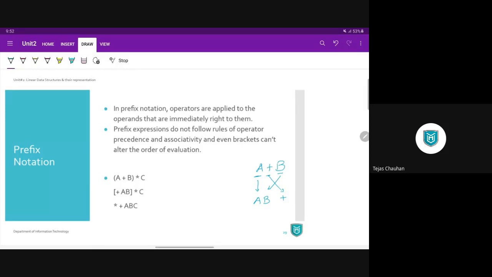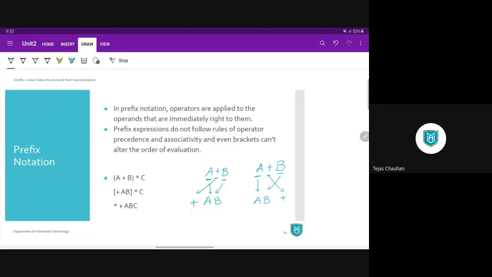Just the reverse of this one. If we want to go for prefix, then we bring these operands, and instead of appending, we actually prefix the operator. Okay, that's the prefix notation.